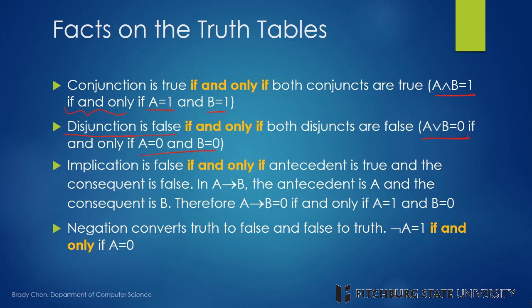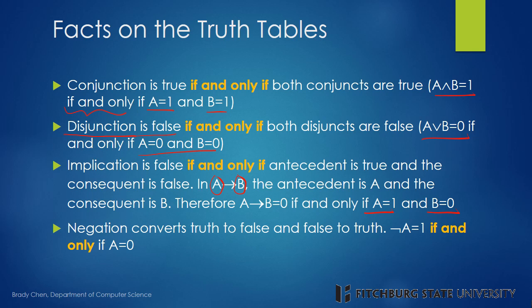Now the implication is false if and only if the antecedent is true and the consequent is false. That means A is the antecedent and B is the consequent, and A is true and B is false.